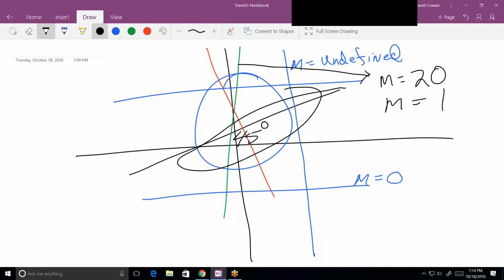Now, which slope is minus 20? The red. Yeah, the red is very steep and it's negative. So it's going to be a negative slope, but a steep slope; the absolute value of it will be greater than 1.